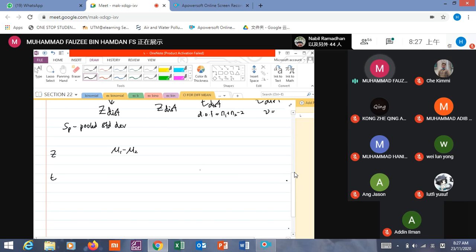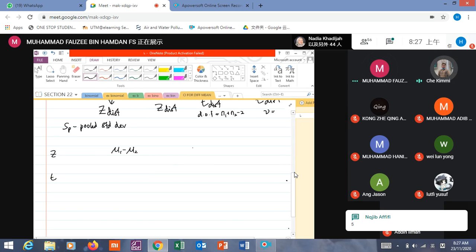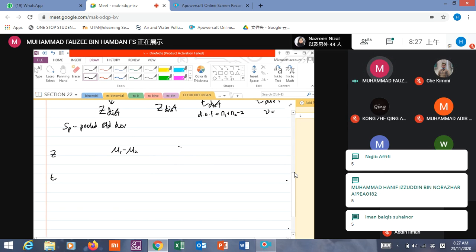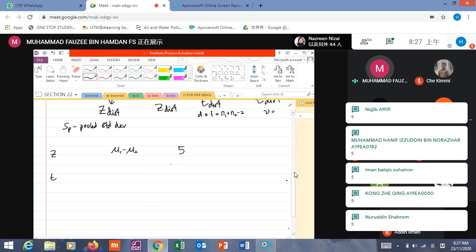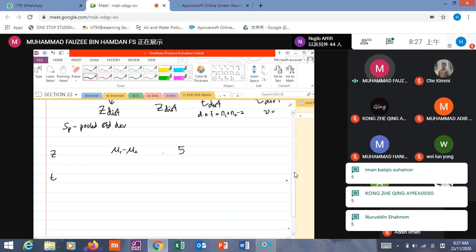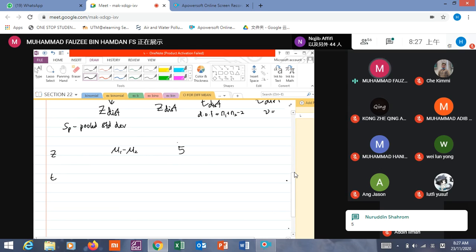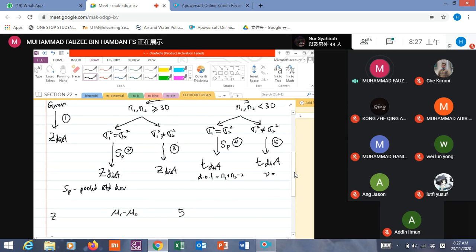There are 5. So there are 5 formulas, and you need to know which formula is for which case. All the formulas are given.